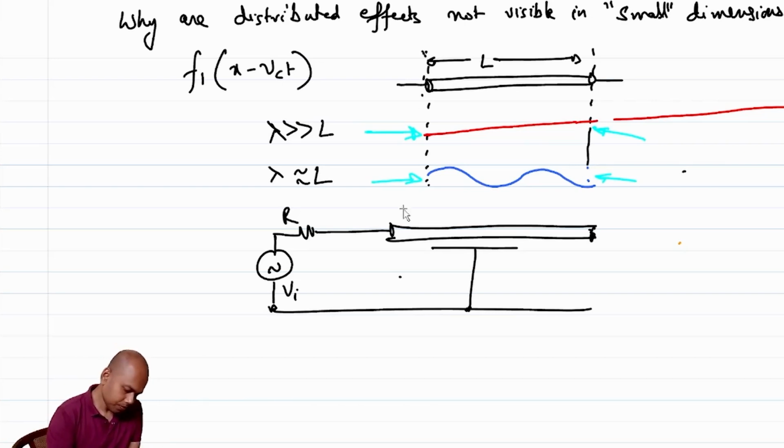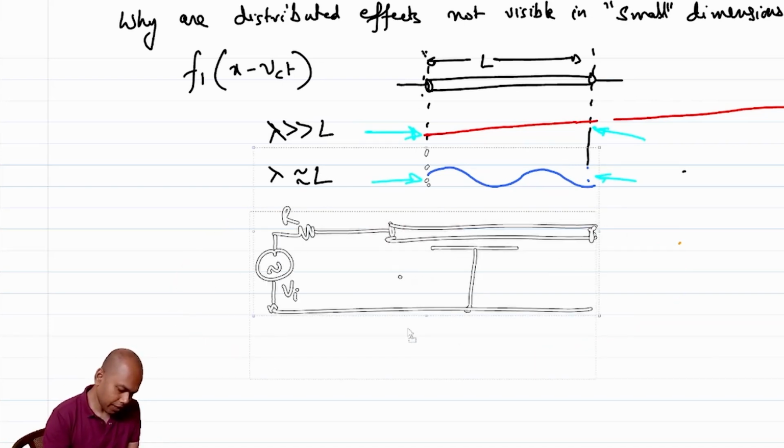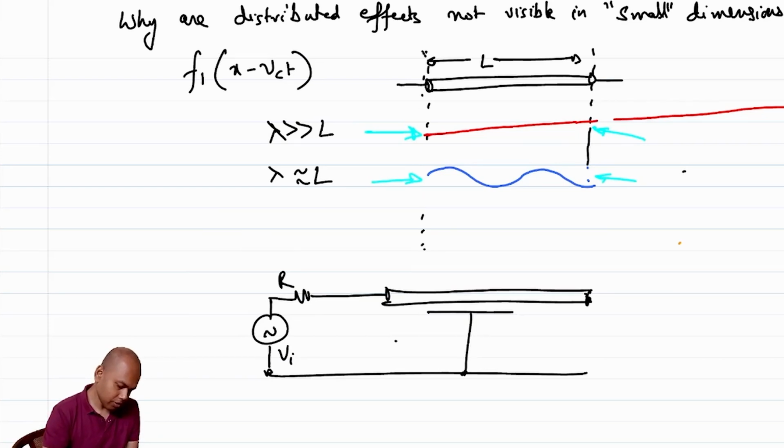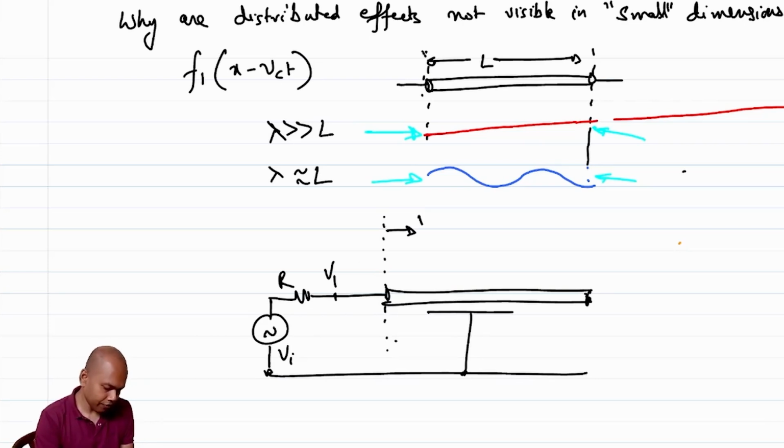So all we are interested in is to find out what is the voltage at this node V1. Okay, so how do we proceed? Let's assume that at this junction, at any point of time, the forward going wave is V plus, and the reflected wave is V minus.